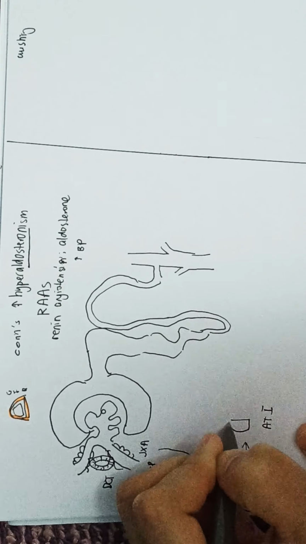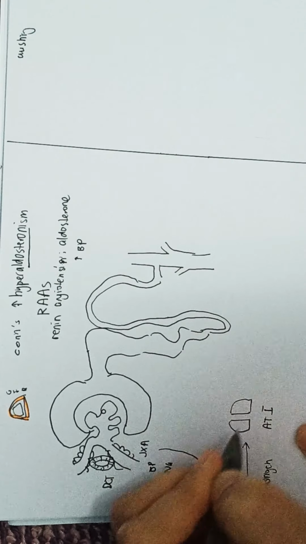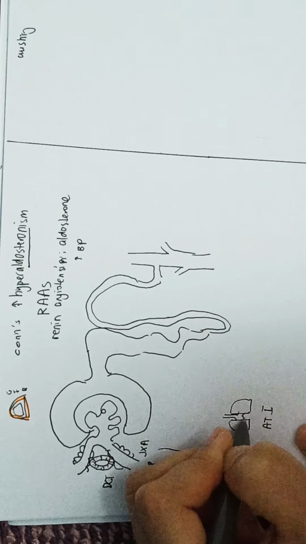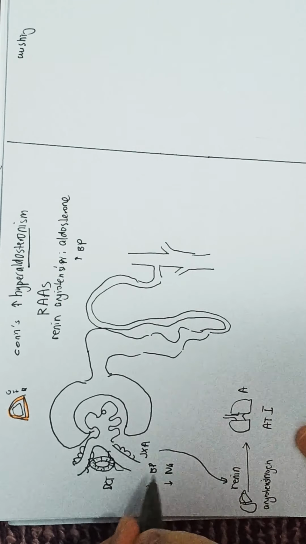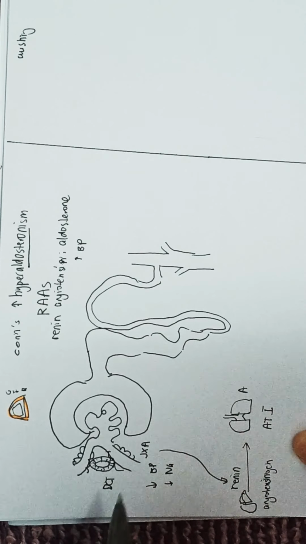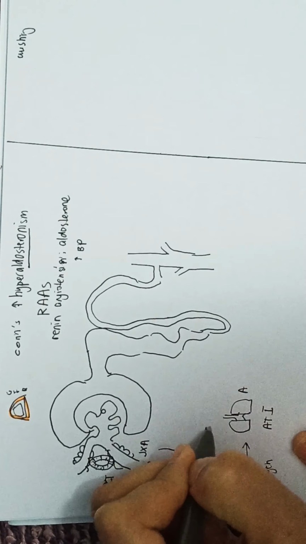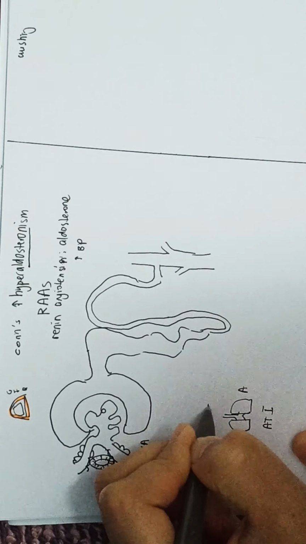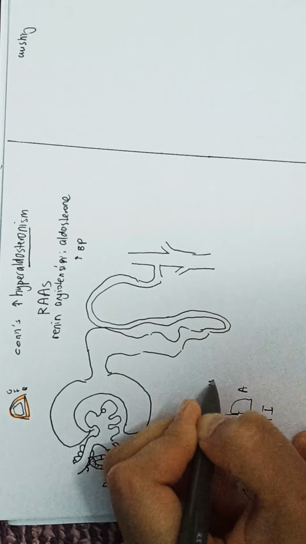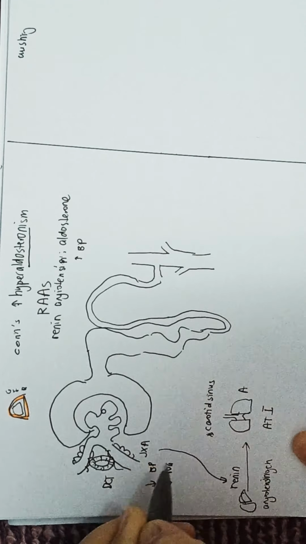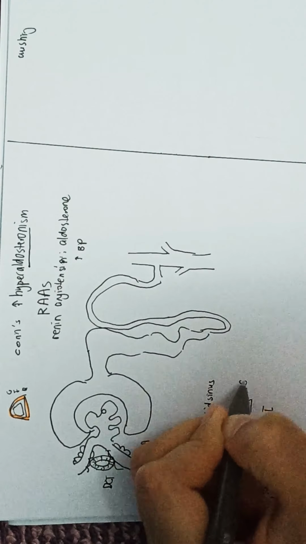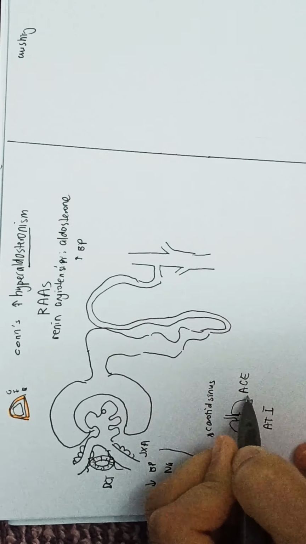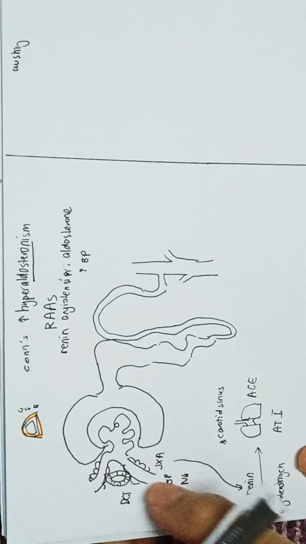In the lung, this is also a question that they frequently ask. When these conditions happen, the baroreceptor in the carotid sinus can also detect the low BP, so they will start to stimulate the angiotensin converting enzyme.